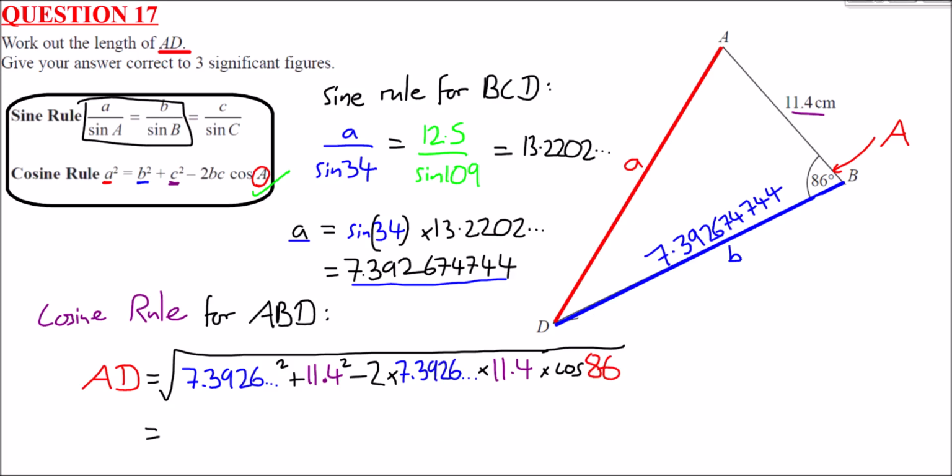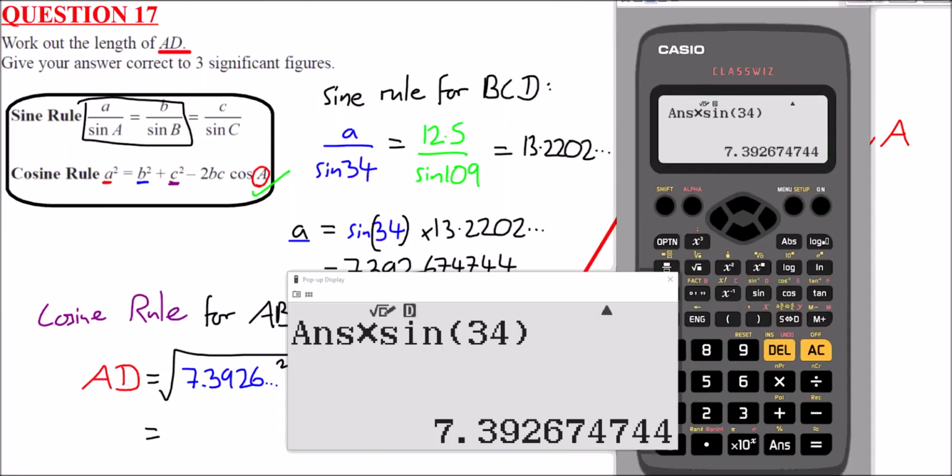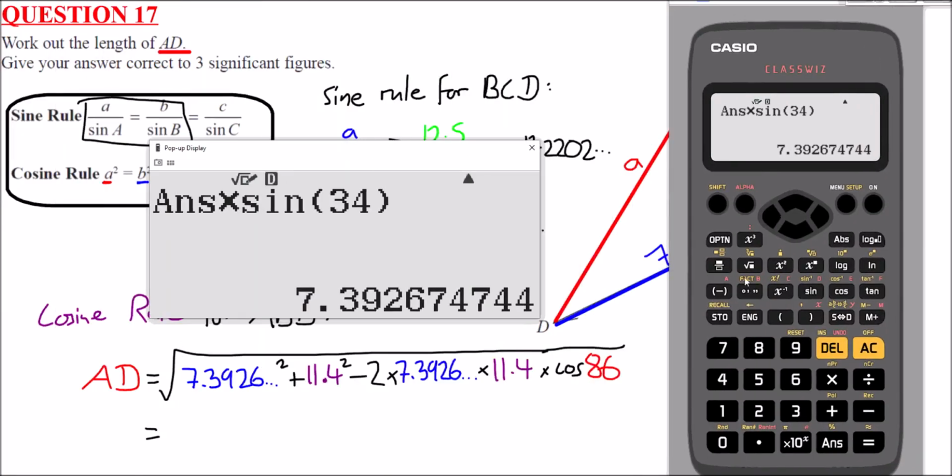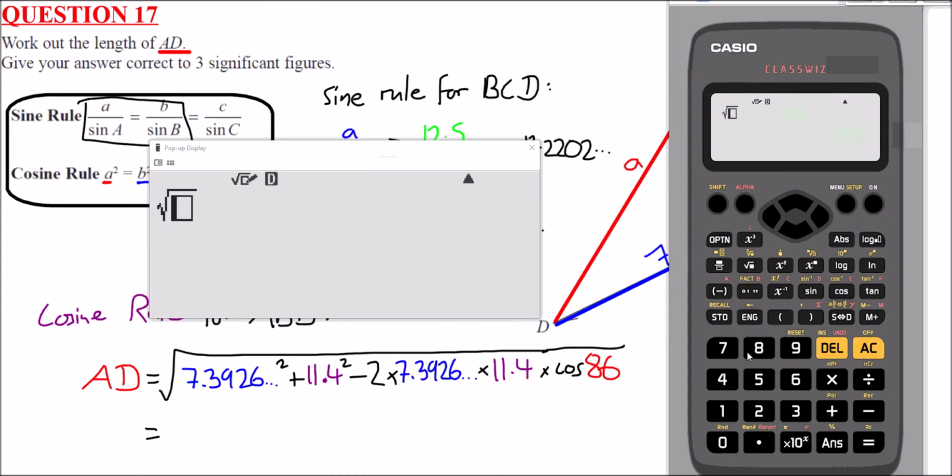So I just carefully put this into my calculator, just taking my time throughout. So, by the way, if you check as well, you should have stored what that side was from before. So you should have 7.3926 in exact form.